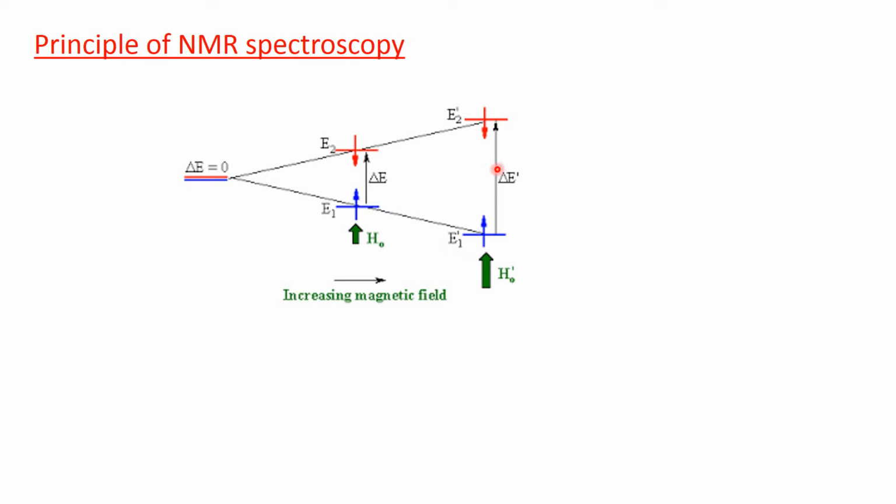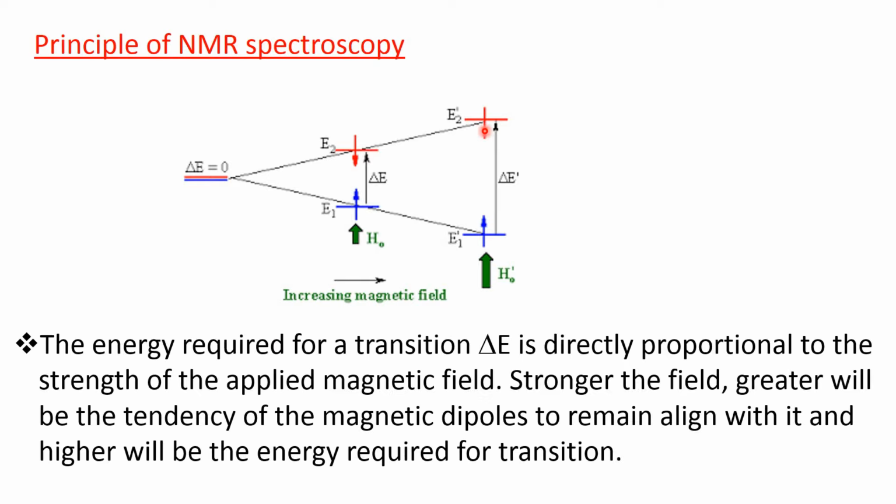So, to take it to the higher energy state, it has to absorb more energy. Now, the energy required for a transition, delta E, is directly proportional to the strength of the applied magnetic field. The stronger the field, the greater will be the tendency of the magnetic dipoles to remain aligned with it, and the higher will be the energy required for transition.